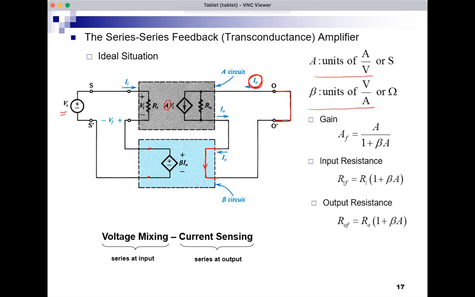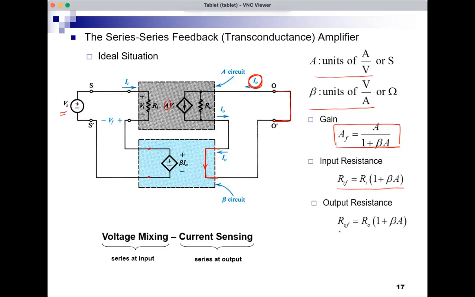So for this transconductance amplifier, where the input is a voltage and the output is a current, the gain formula is the same as what we saw previously. And remember that the gain is output current divided by input voltage. The input resistance, we can show from this circuit that it increases.